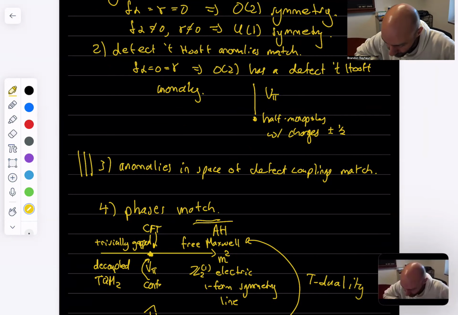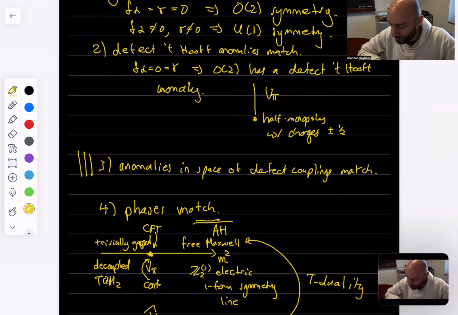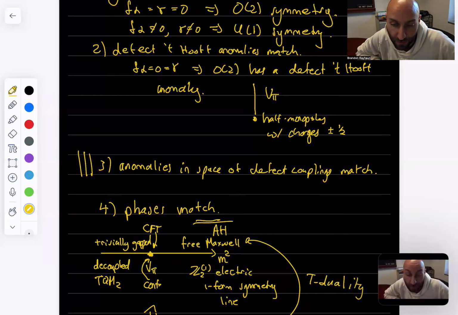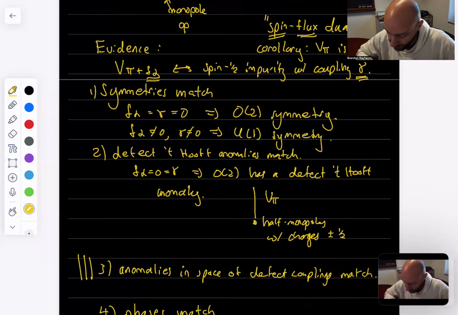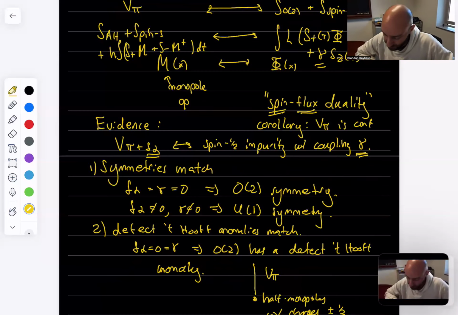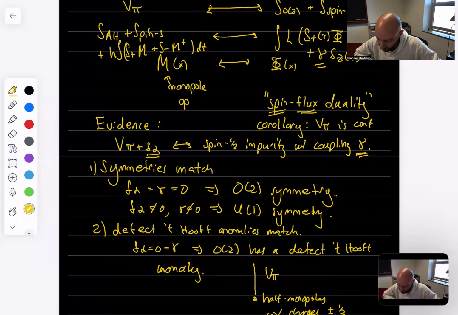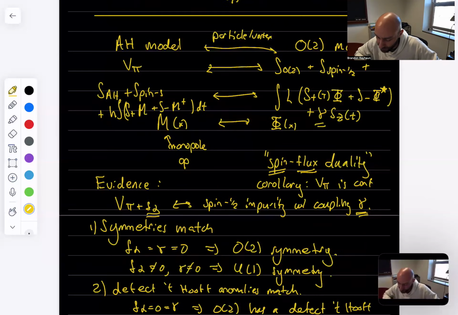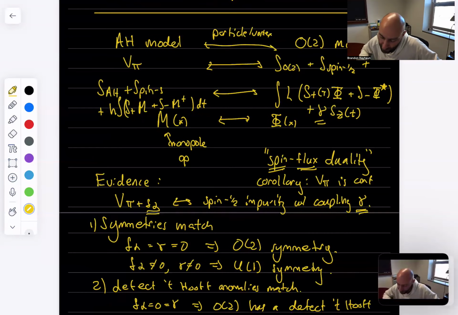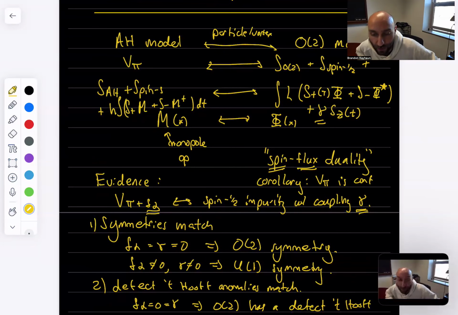And so maybe the highlight examples were proving that this spin 1/2 impurity in the O3 model has to be a conformal defect. And another application was using these anomalies and various other tools to provide evidence for the spin-flux duality conjecture that relates vortex lines in the abelian Higgs model to spin impurities in the O2 model. Okay, so that's all I have to say. Thank you.